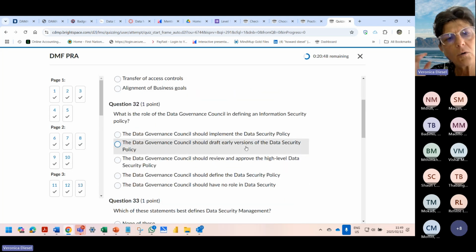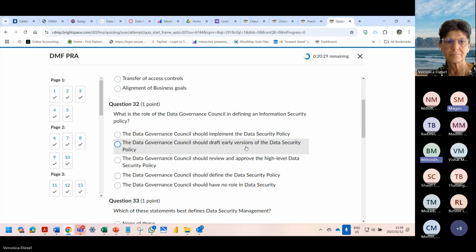What is the role of the Data Governance Council in defining an information security policy? Three, review and approve.